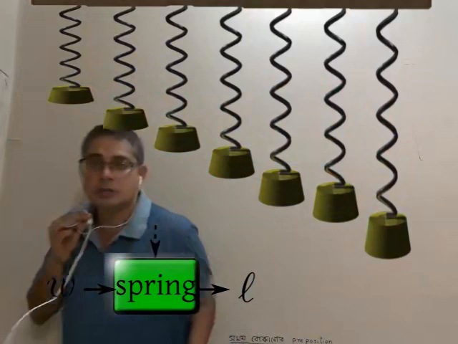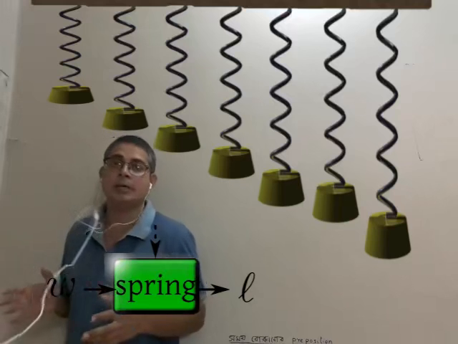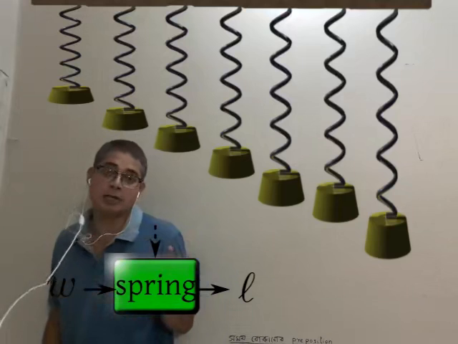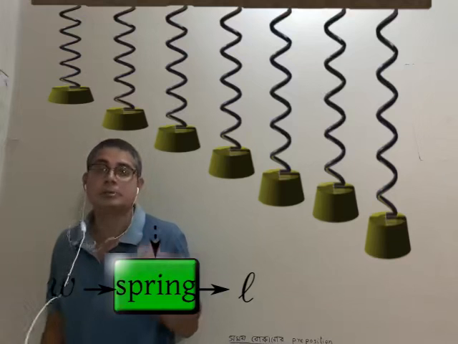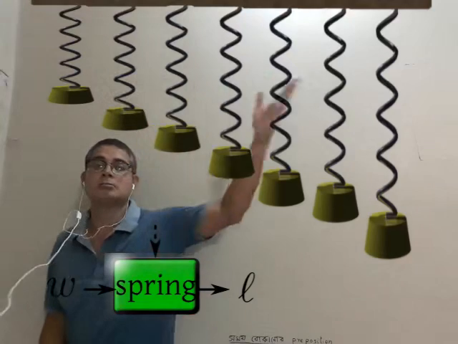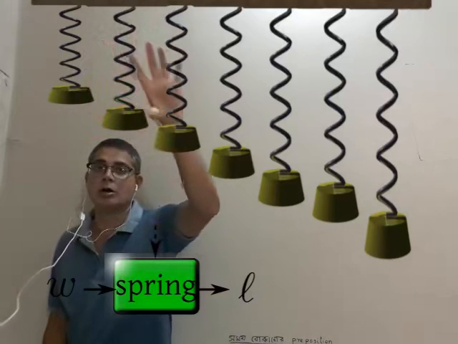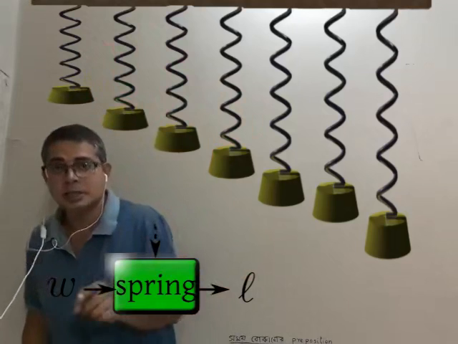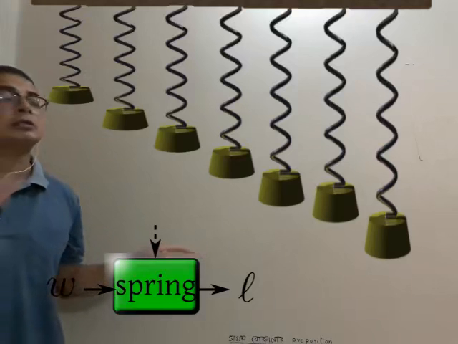I have got lots of different springs and I am hanging different weights. So I am giving different inputs to the springs, and the springs are more or less identical. So whatever variability is inevitable comes because of the random error. So I have essentially identical springs. I am hanging some lightweight, so it is short, it is longer, and I am measuring for each of these cases the value of W, the input, and the value of L, the output.